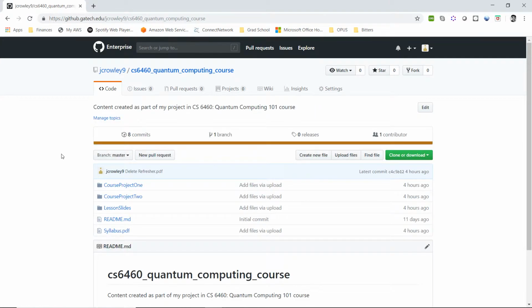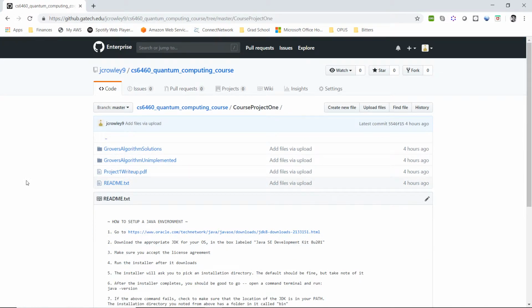I also created 2 course projects, not unlike the course projects that we have to complete as part of other OMSCS courses. I wanted students to actually get their hands on some code that would test their understanding of the concepts presented in the lessons. The first course project is basically to write some Java code that simulates Grover's algorithm.